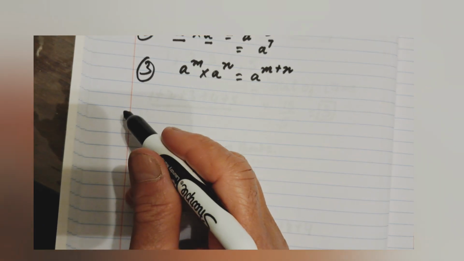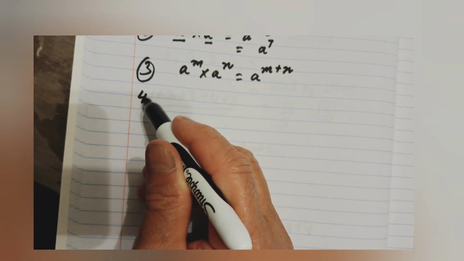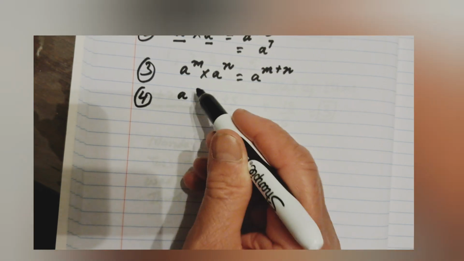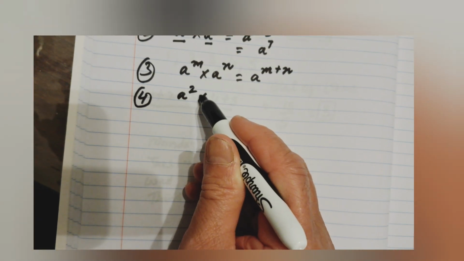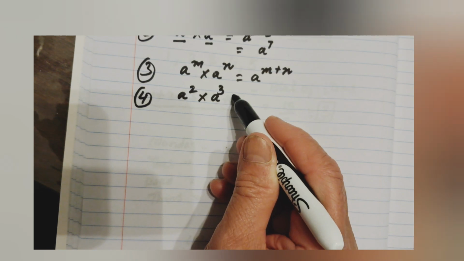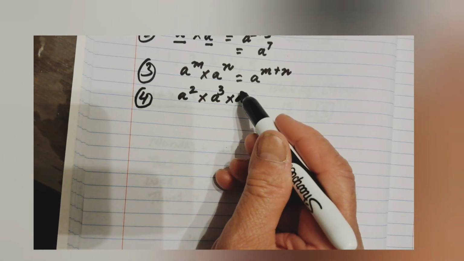Another question, like a to the power of 2 multiplied by a to the power of 3 multiplied by a to the power of 0.